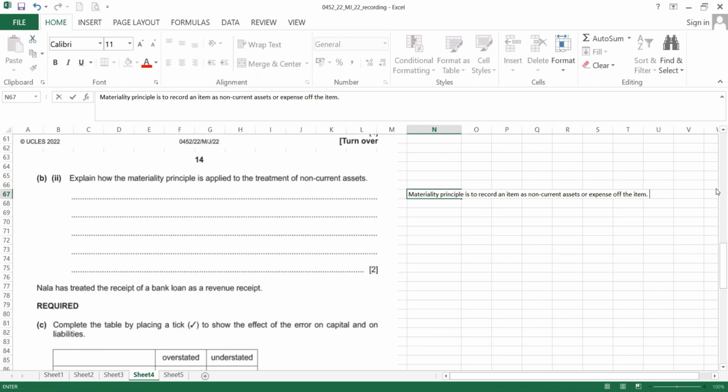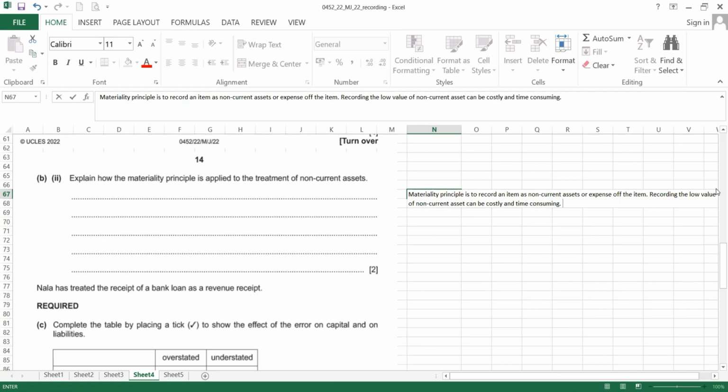Recording the low value of non-current assets can be costly and time consuming.